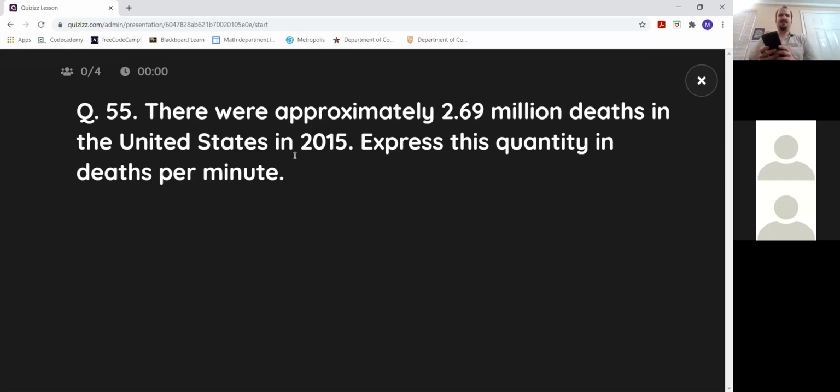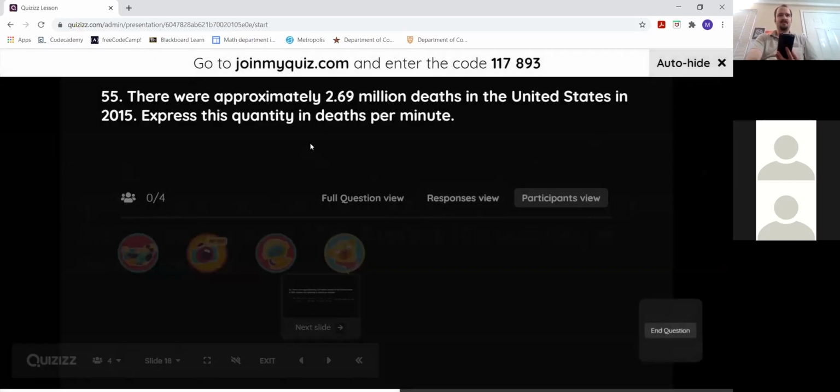Okay, and I believe I have this to the nearest 2 decimal places. I believe. Is that what it says? It doesn't say.